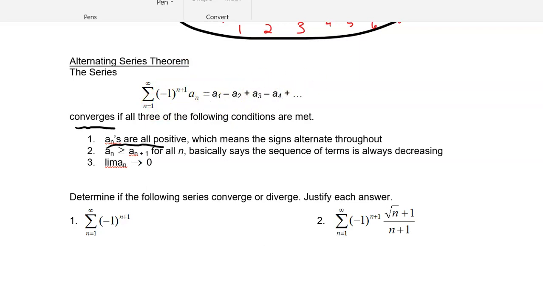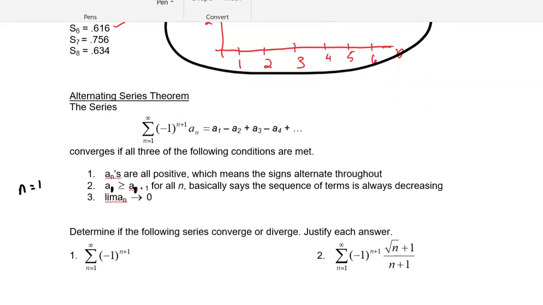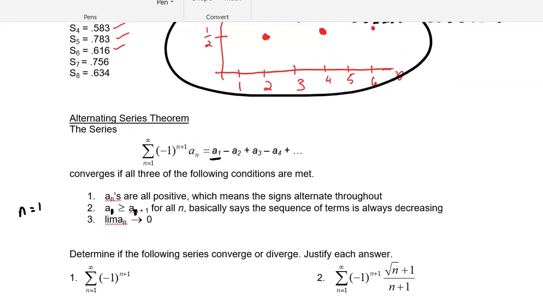The second thing, a little harder to understand what this is, but whatever, let's say n is a 1, then this would have been a sub 1. This would have been a sub 1 plus 1, so 2. So this would mean that this term would have to be greater than or equal to this next term.